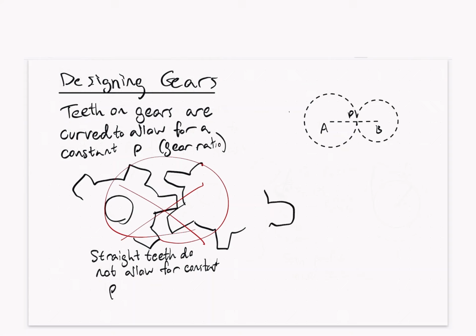I'm going to have a rough time drawing this because it's hard to draw a nice curve. But you want it so that the force affecting the torque is constant, because it's going to work across a line of action so that the torque remains constant and the relationship remains constant.